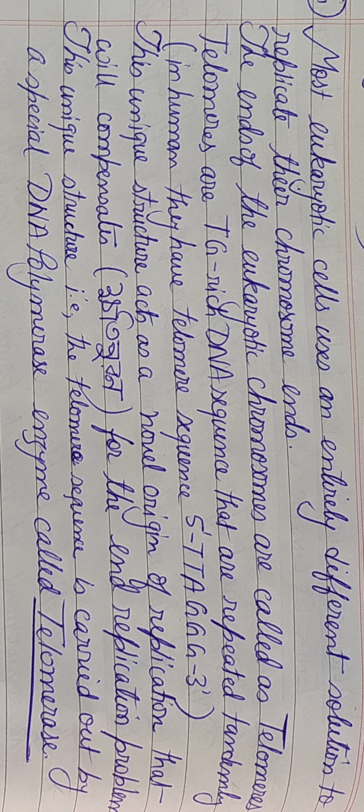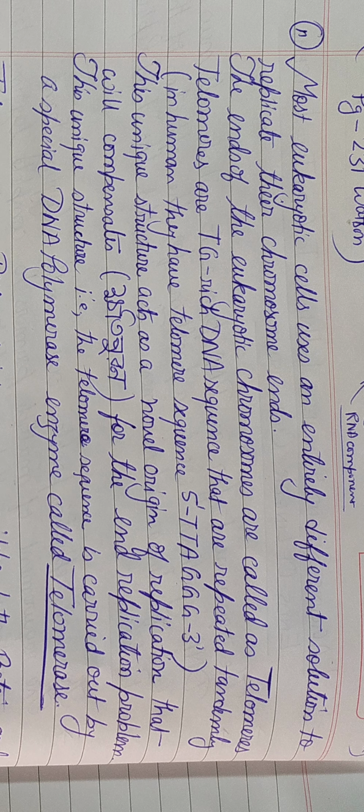By recruiting this telomere sequence at the end of your chromosome, this unique structure acts as a novel origin of replication that will help you to compensate for the loss that occurs as a result of the end replication problem.